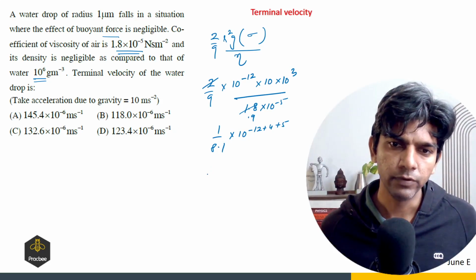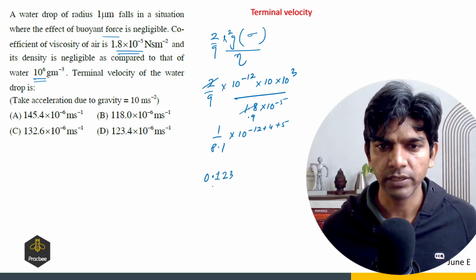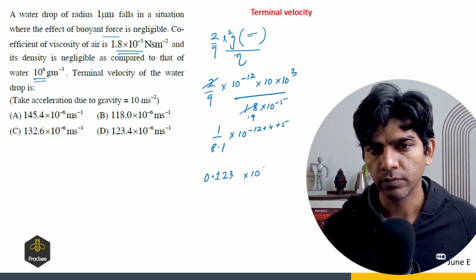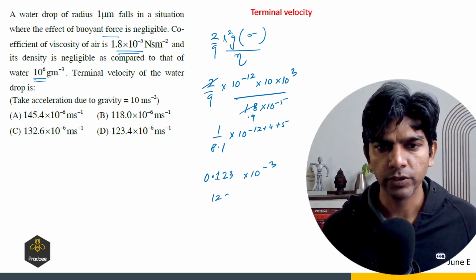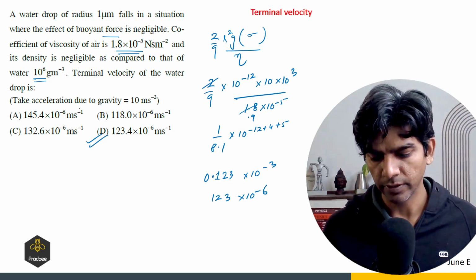So 1 by 8 will be nearly equal to 0.123, right? Something like this, into 10^-3. Or we can write this as 123 × 10^-6. So option D is the right answer.